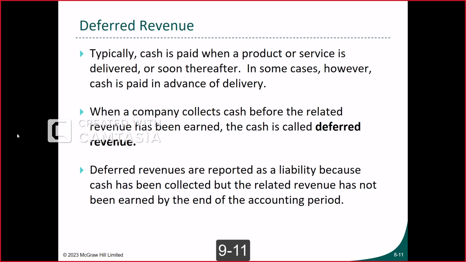It should be recognized during the period where goods have been delivered or services have been rendered. So compliance with this revenue recognition principle will result in the deferred revenue or unearned revenue, which is a kind of current liability. Any questions so far?